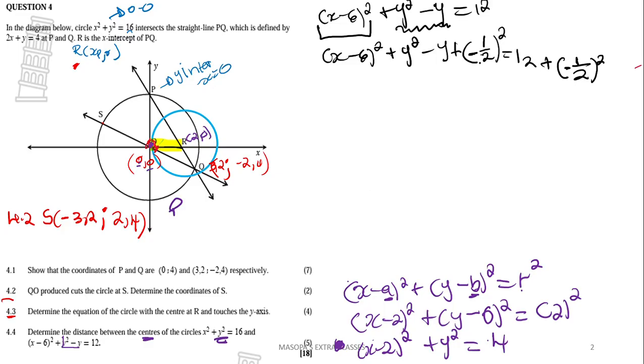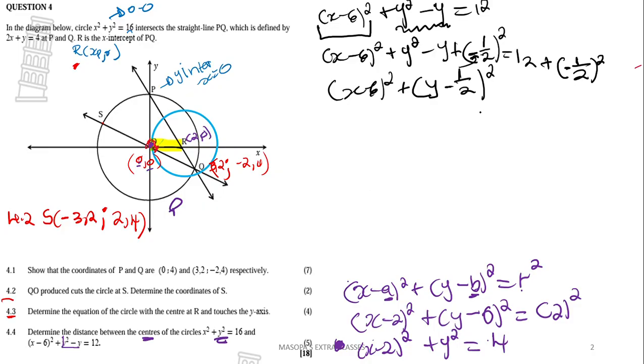So you have (x minus 6) all squared. Then you take the coefficient of y, the one in this bracket, which is negative, divided by 2, to the power of 2.